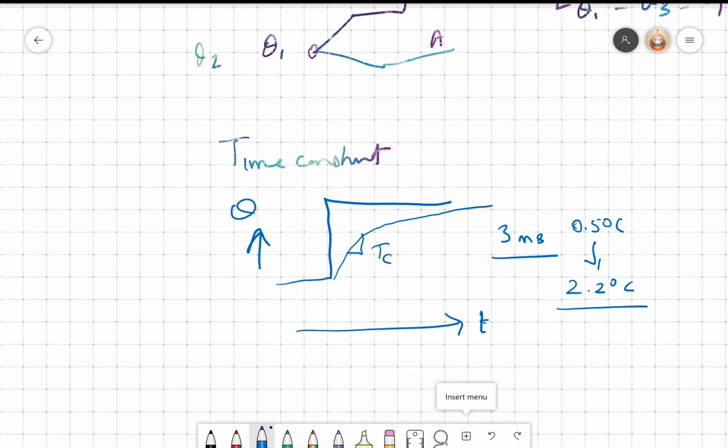The nonlinearity can vary from as low as 1% of full scale to 2.2% of full scale, depending upon what type of thermocouple we are going to use. So the biggest advantage of a thermocouple is that it doesn't matter how the junction is formed.